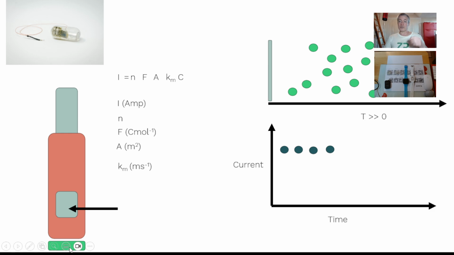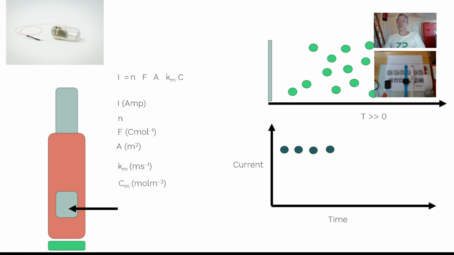So if you stir at different speeds on different days, you will essentially mess up km, or you will change km. So you probably want to keep that fairly constant. And then C is the concentration of the molecule that you put in there. So you control that.